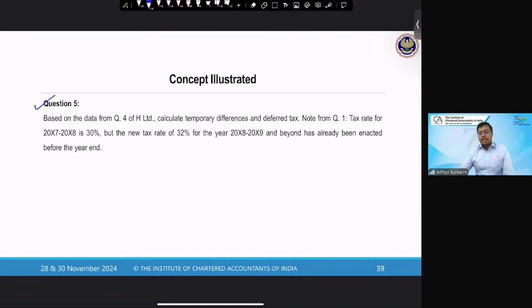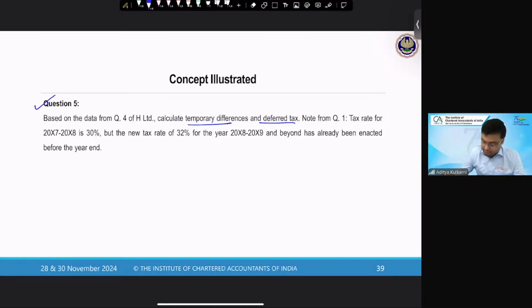Then, based on that, you are required to calculate the temporary differences and the deferred tax. So it is a full-fledged case that we are running you through, so you are able to understand how this actually happens practically also. Okay, so now coming to the next one.